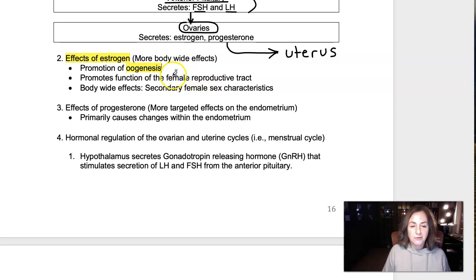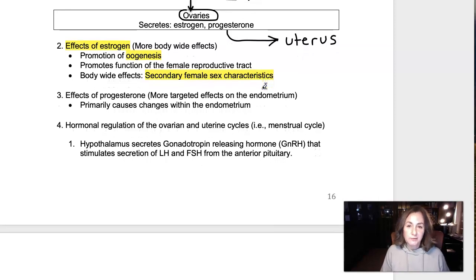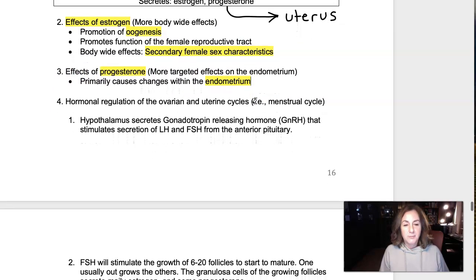But overall, estrogen has a lot of receptors body-wide, causing secondary sex characteristics, increased vascularization of the skin, just as some examples, increased adipose deposition underneath the skin, breast growth. So progesterone is more contained to the uterus compared to body-wide.